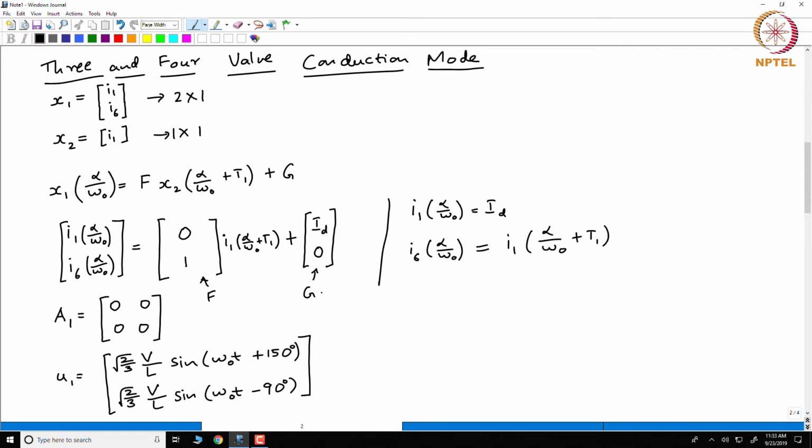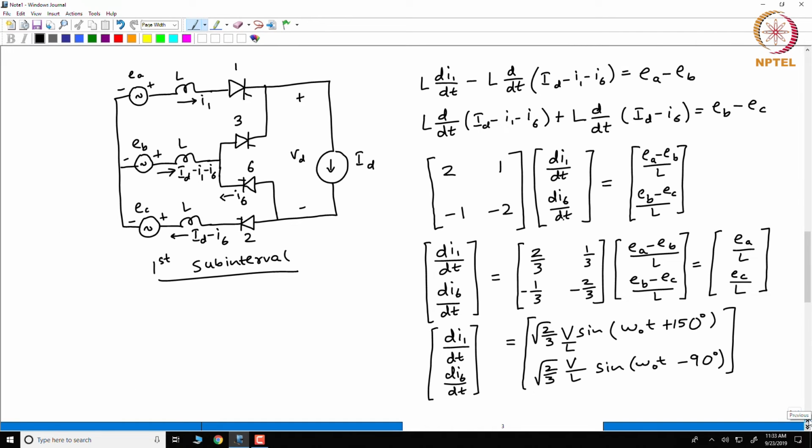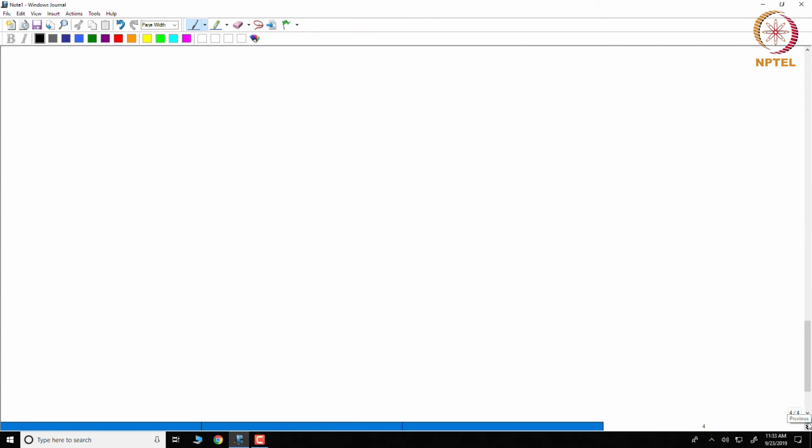C and D are known matrices. Once we know the size of x1 or x2, we know the matrices C and D. So what is A2? What is U2? For that we have to consider the second subinterval.